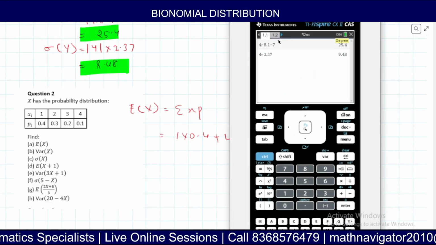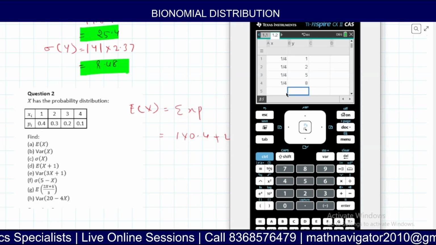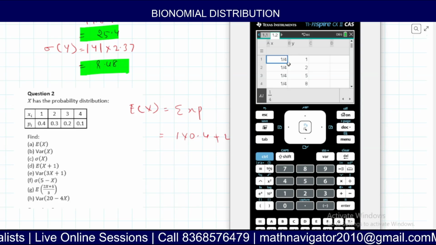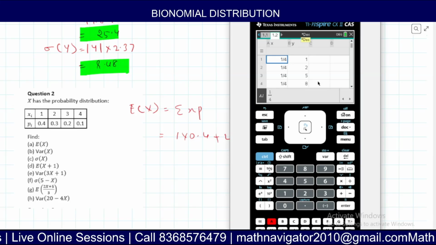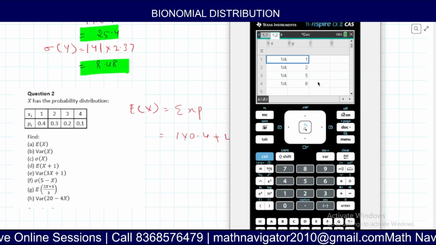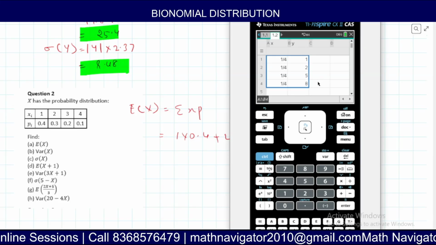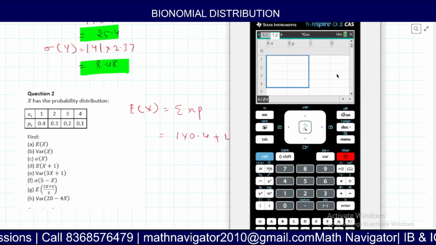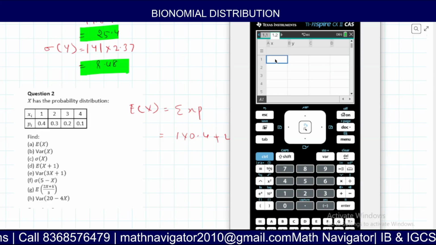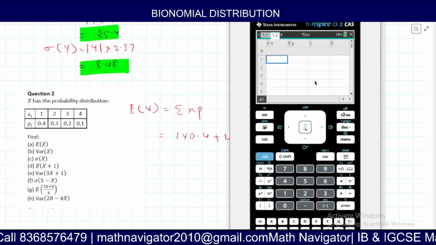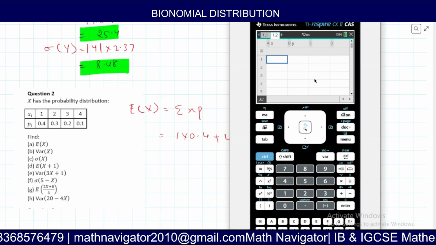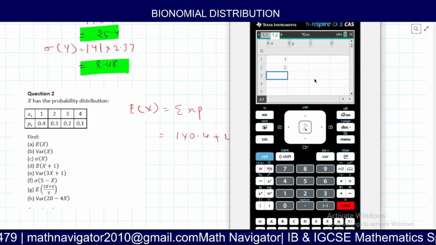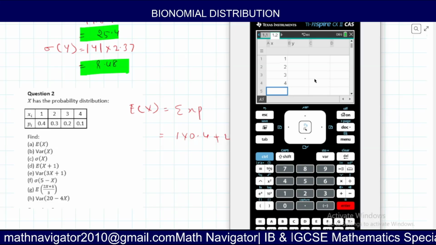Let's come here. Control A, and then delete. Then we enter X as 1, 2, 3, 4: 1 enter, 2 enter, 3 enter, 4 enter.